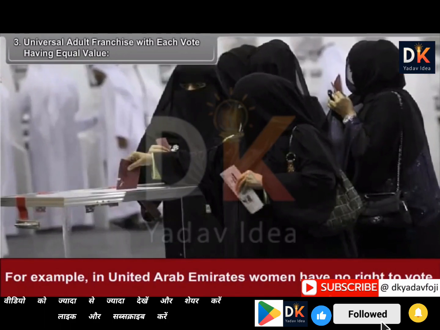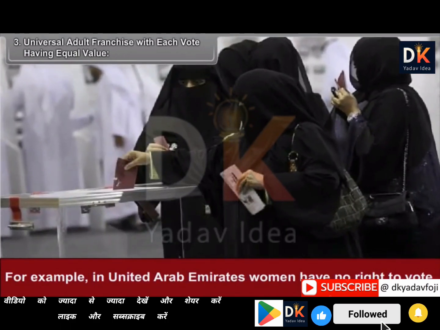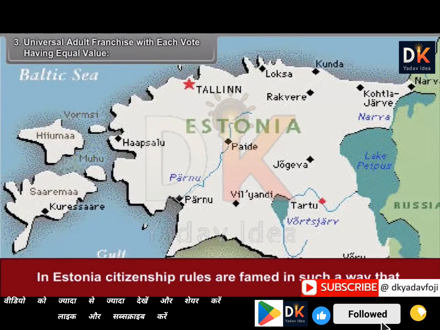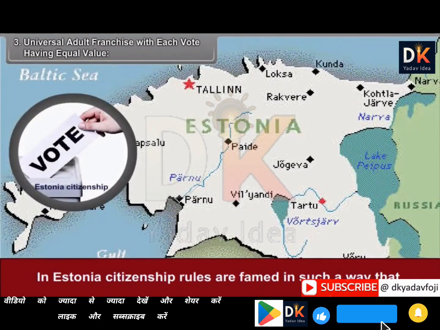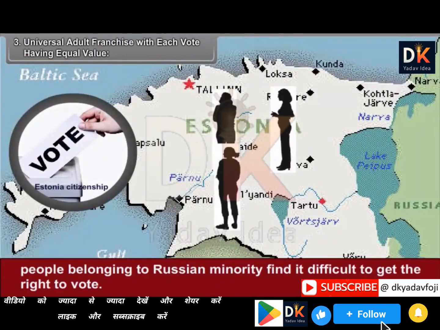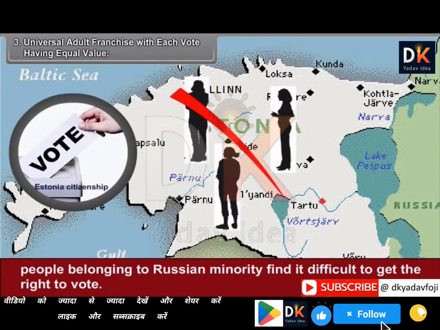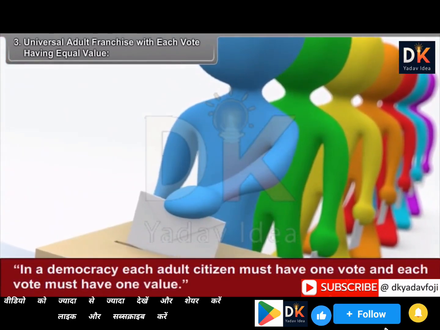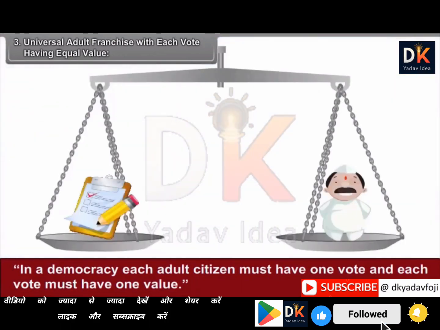For example, in the United Arab Emirates, women have no right to vote. In Estonia, citizenship rules are framed in such a way that people belonging to the Russian minority find it difficult to get the right to vote. In a democracy, each adult citizen must have one vote and each vote must have one value.